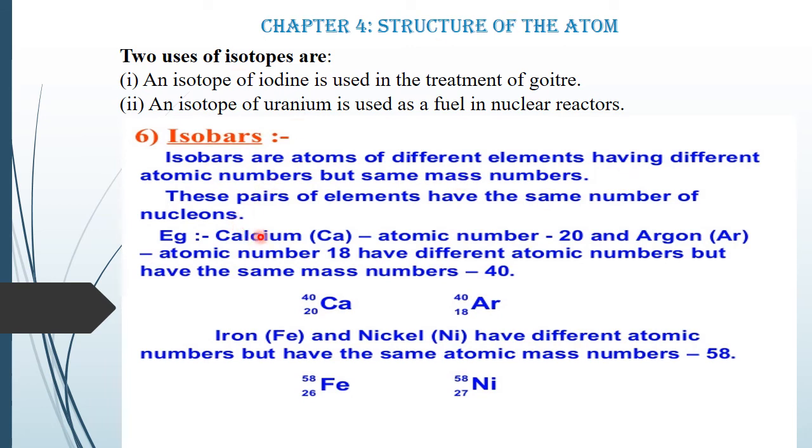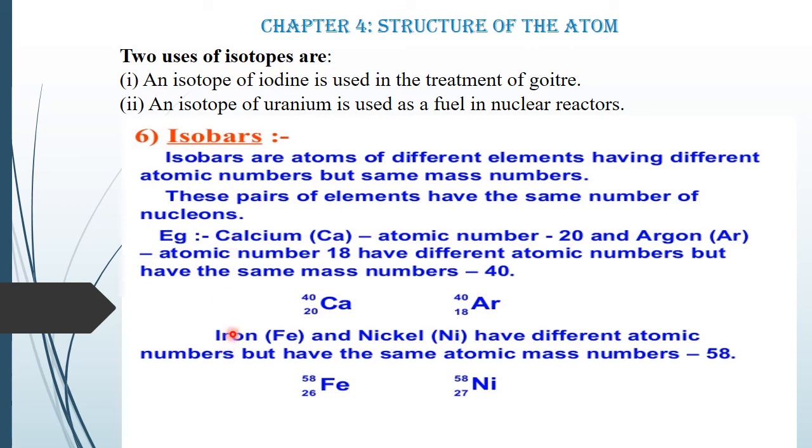Example, calcium, atomic number 20, and argon, atomic number 18. They have different atomic numbers but the same mass numbers. Their atomic mass is the same. So one example of isobars is calcium and argon.